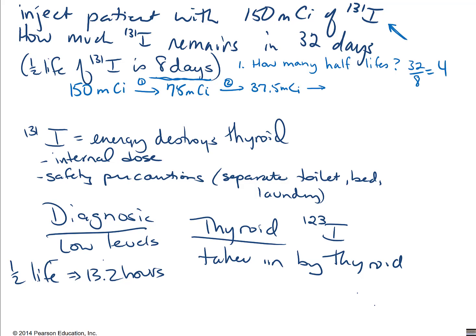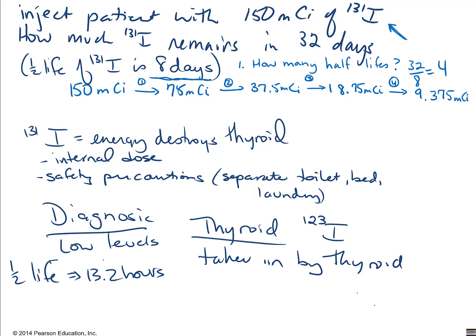So every 8 days, half of it will be gone. That would be the third one, but you'd still have one more. So the fourth could be 9.375. So that would be in 32 days.